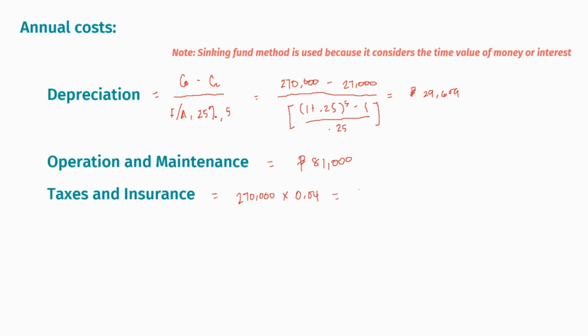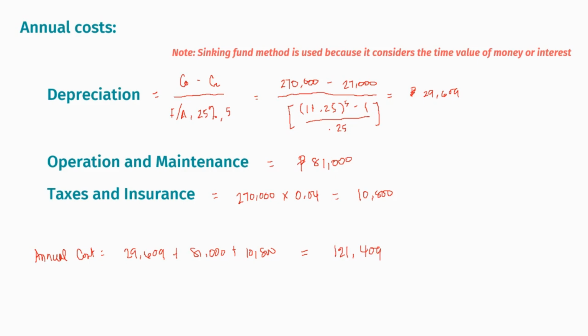That is equal to 10,800. So, i-add mo to lahat, depreciation plus operation and maintenance plus taxes and insurance. That is the annual cost. 29,609 plus 81,000 plus 10,800. That is all equal to 121,409.